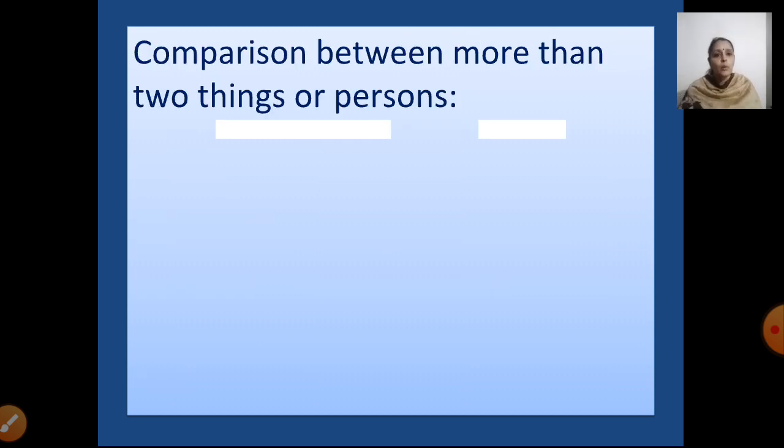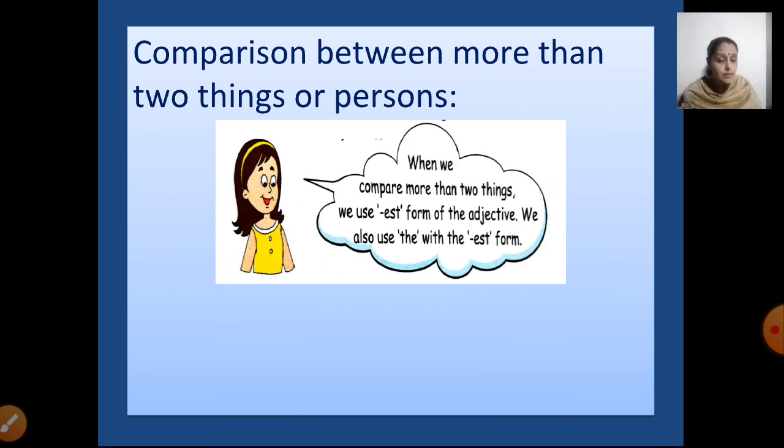Now, when we have to compare more than two things or more than two persons, yes, we use est form of the adjective and we also write the with the est form. Yes, this is known as the superlative.